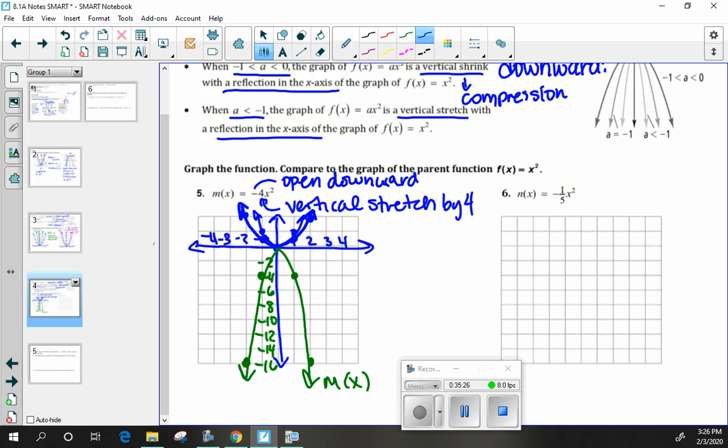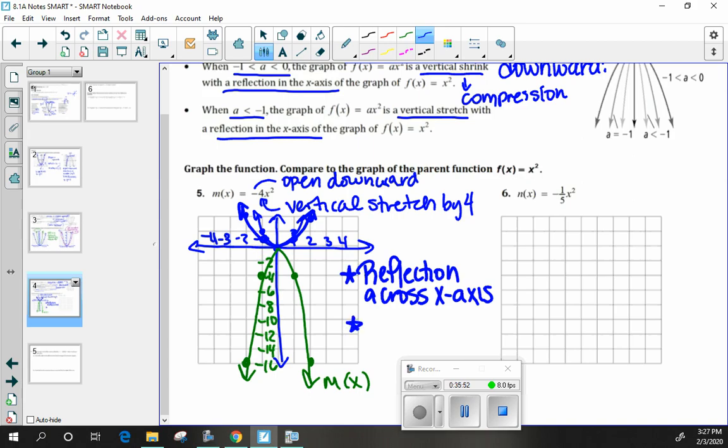So definitely narrower because of the 4, definitely reflected across the x-axis because of the negative. So that's what the new function would be. And my description would be both of those things. So the negative causes a reflection across the x-axis. And the 4, so that's one transformation from the parent.